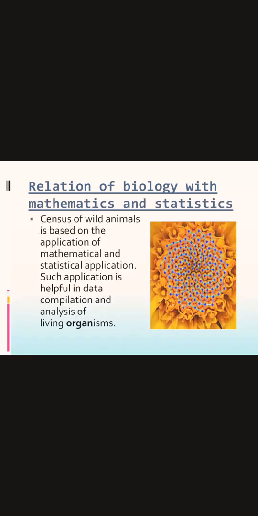The relationship of biology with geology is when we study rocks, soils, these types of things. And when we see the fossils of dead organic matter, these all come under geological studies. The next one is the relationship of biology with mathematics and statistics.